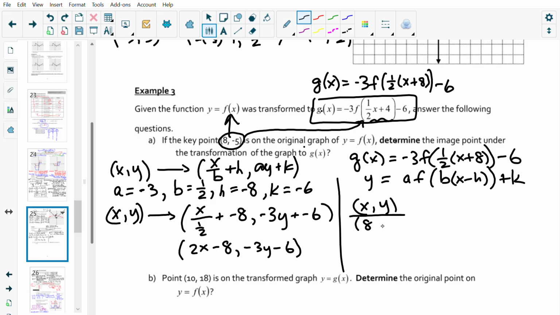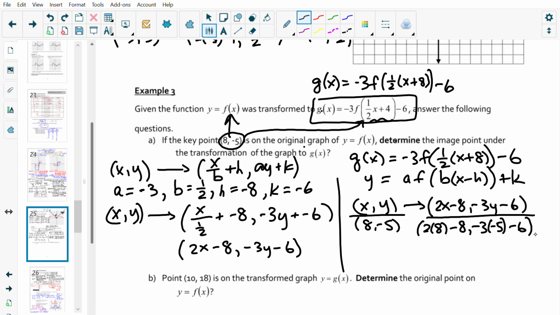So over here, x, y, I have 8, -5, and I'm transforming to 2x minus 8, comma, -3y minus 6. Let's apply all these. That is 2 times 8 minus 8, comma, -3 times -5 minus 6.